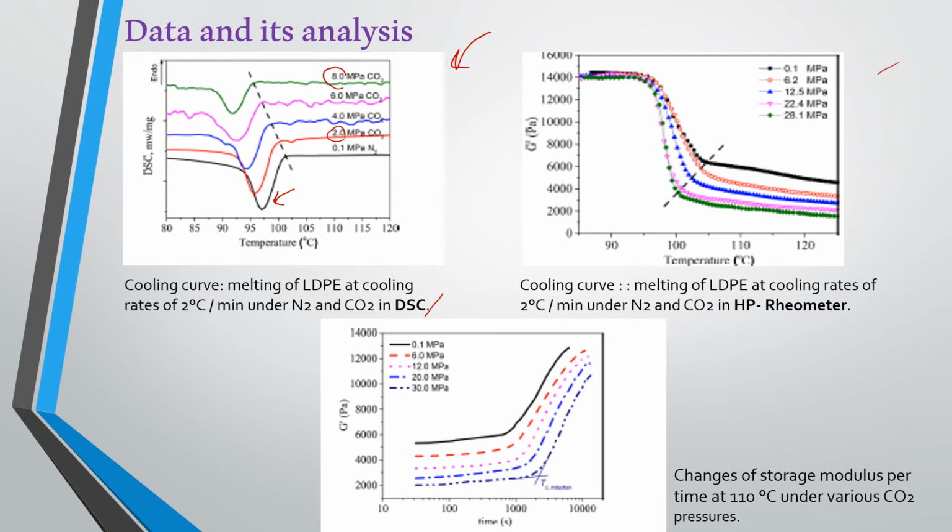And if we look at the graph next to it, that is also a cooling curve that shows the melting of low-density polyethylene at the same cooling rate as before, 2 Celsius per minute, under nitrogen and carbon dioxide behavior in a high pressure rheometer.